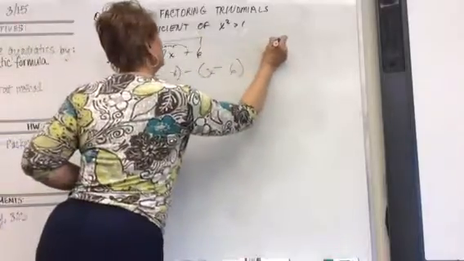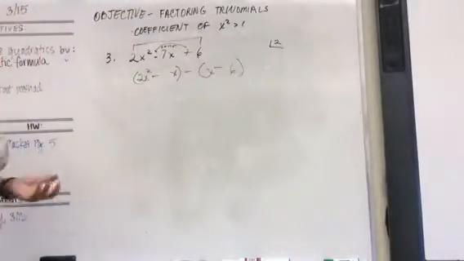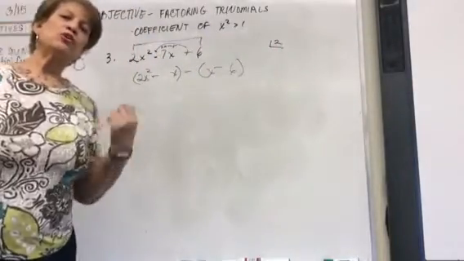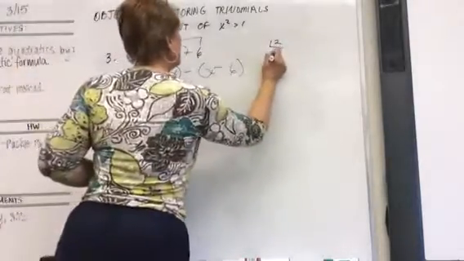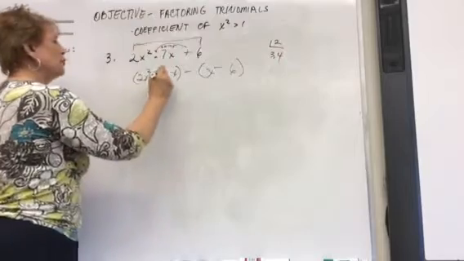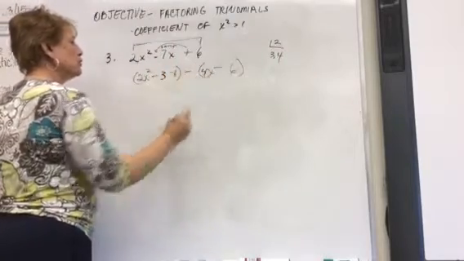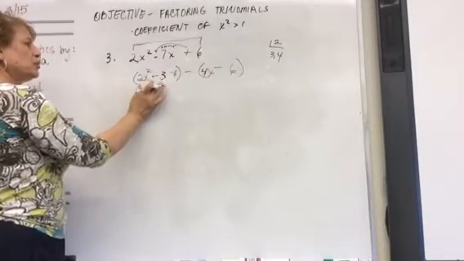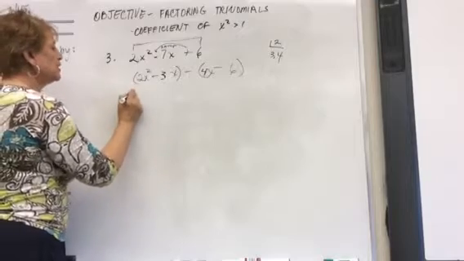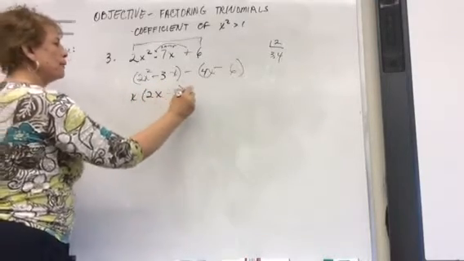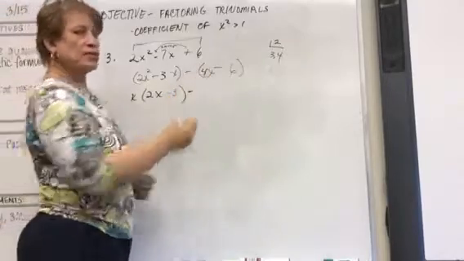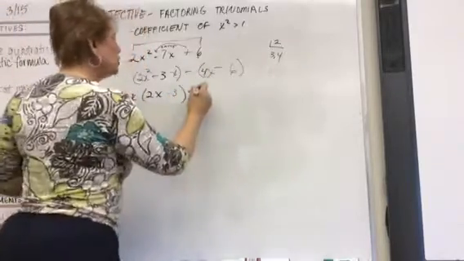Now, I'm going to multiply my 2 and my 6. I get 12. The question is, what factors of 12 do I add to get 7? And it's going to be 3 and 4. I'll put a 3 here and a 4 here. I can't factor out the 2 and the 3, but I can factor out an x. And that leaves 2x minus 3 minus, with the 4 and the 6, I can factor out a 2.